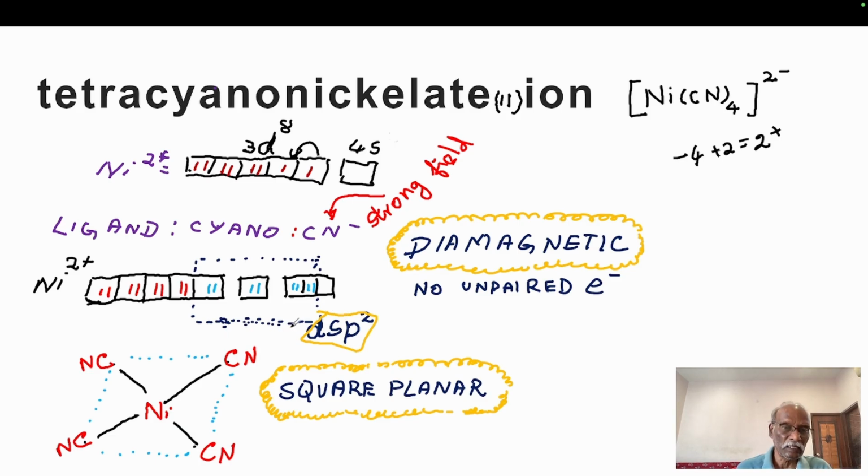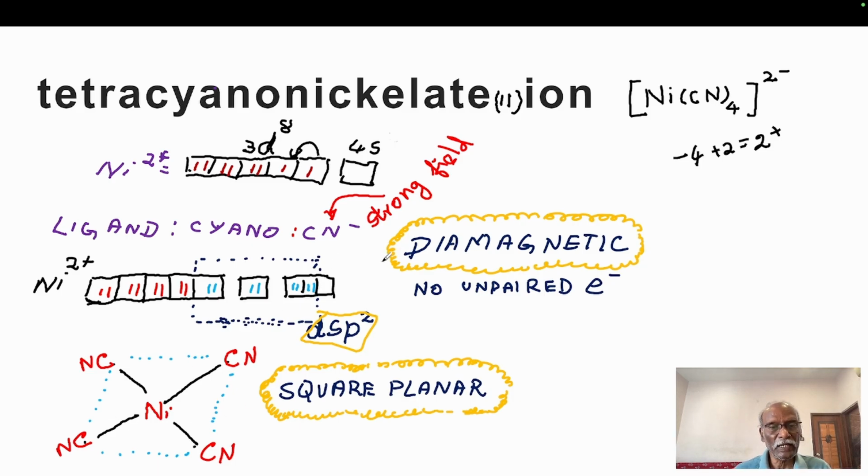These 4 orbitals repel each other and occupy the 4 corners of the square. Then each cyano group gives one pair of electrons and takes the position of all the 4 dsp2 orbitals. And this is how this complex ion is formed.